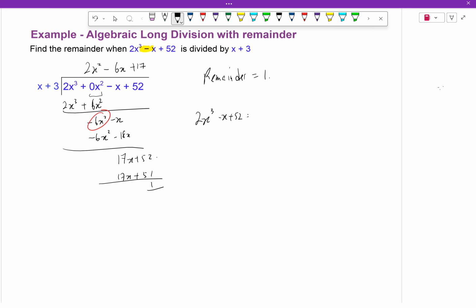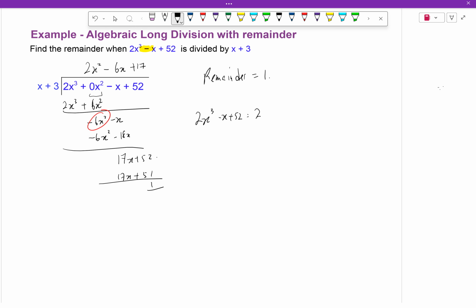Now, how can I express this in terms of the factorization form? 我这里我可以写的是 bracket 2x squared minus 6x plus 17 bracket 1 over x plus 3. So, oh sorry, it should be plus by mistake. Oh, sorry. What am I doing? Give me a sec. Okay, let me redraw it.